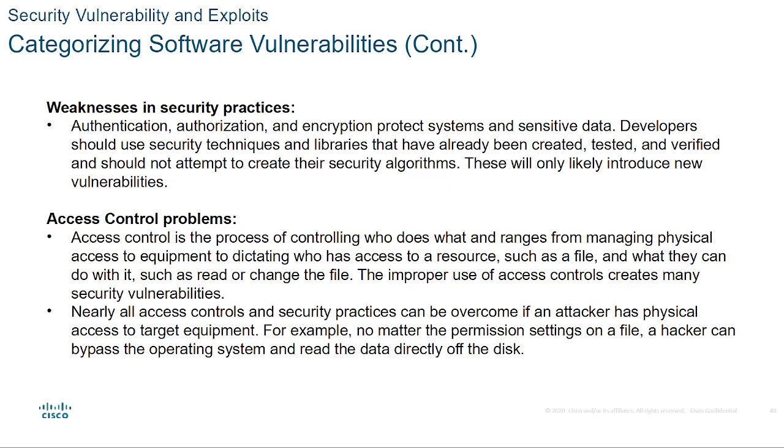Nearly all access controls and security practices can be overcome if an attacker has full access to the target equipment. For example, no matter the permission settings on the file, an attacker can bypass the operating system and work with the data directly.